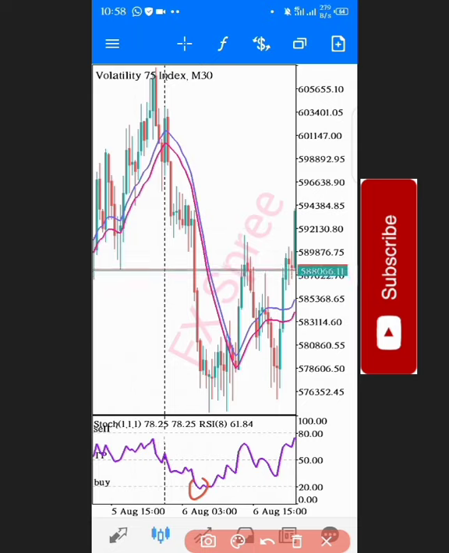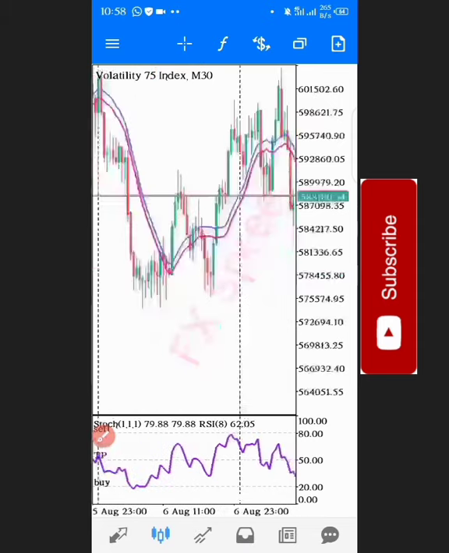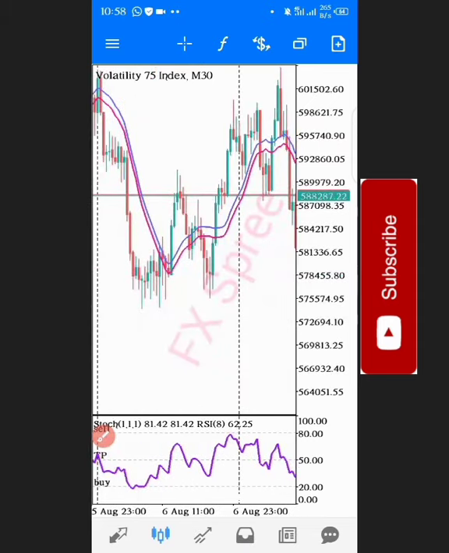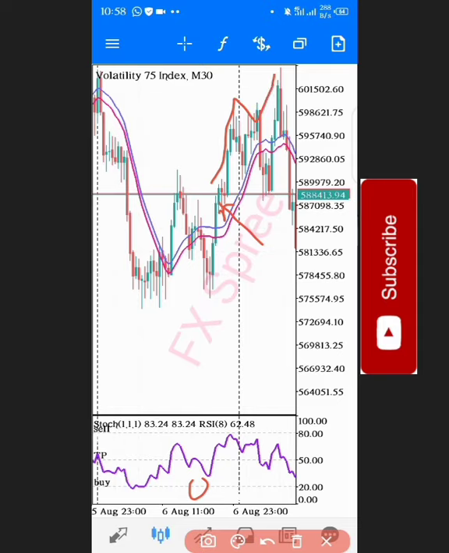As you can see, it retraces, but better still, you enter it here. You enter at the close of this candle. That is where you enter. Then it retraces a little, then goes back up there. So that is not actually cool.